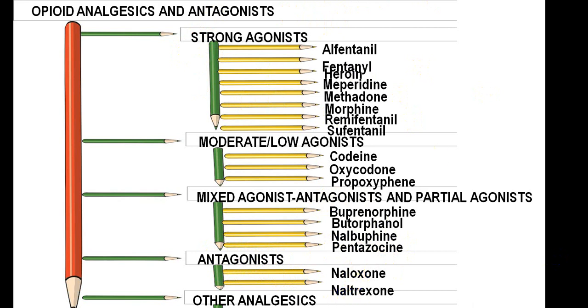Naloxone, so do remember. And we have got another analgesic we call tramadol, which is a synthetic preparation having a mild effect of opioid properties, and also has non-opioid properties.